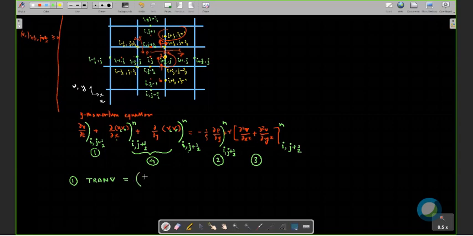While writing a program, you might need such words, trans V, in order to represent this del V by del t at I, j plus half.